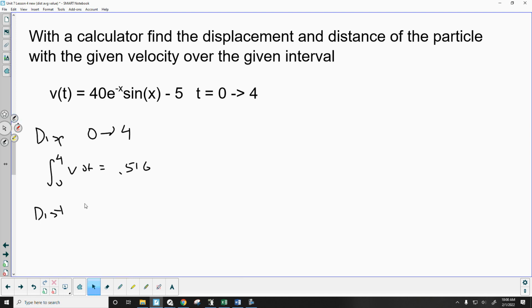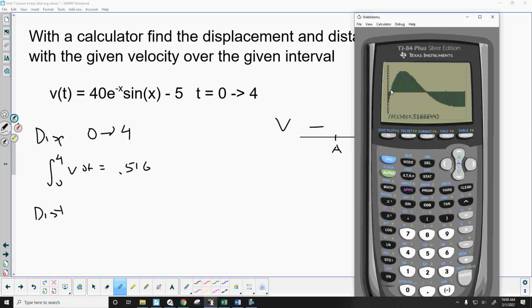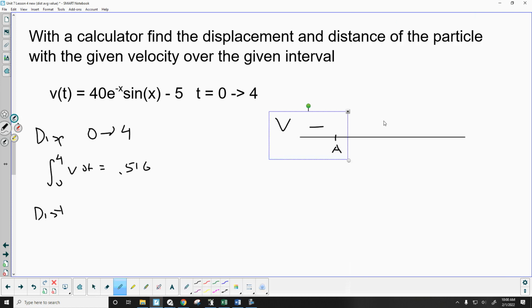We would understand that my velocity is negative until this value A. Right? My velocity is negative until A. It's then positive to B, then it's negative after that. So if I just split this into a bunch of different sections and understand the displacements of all of those sections, make all those displacements positive and I'll have a distance.